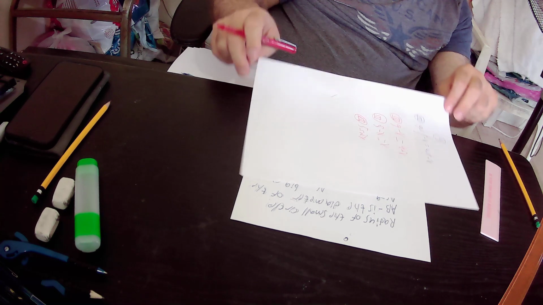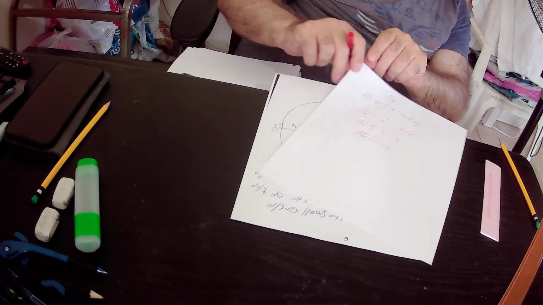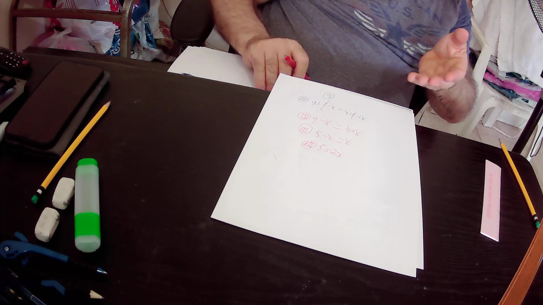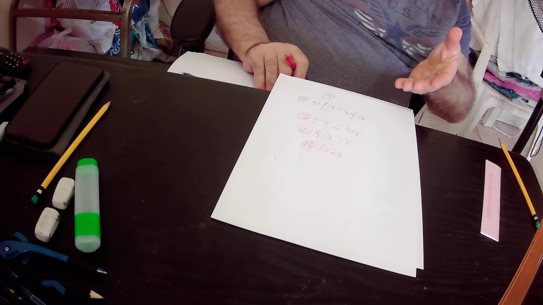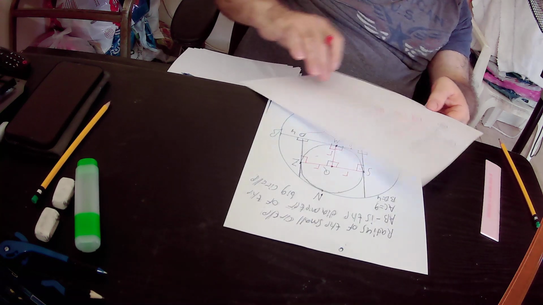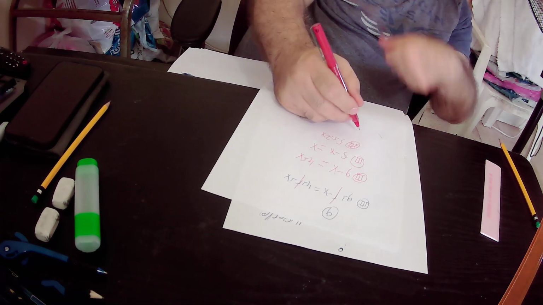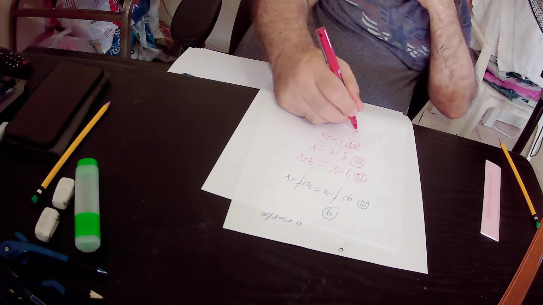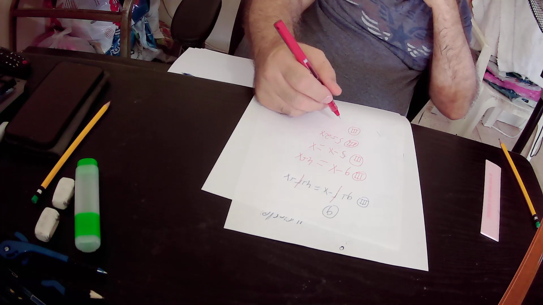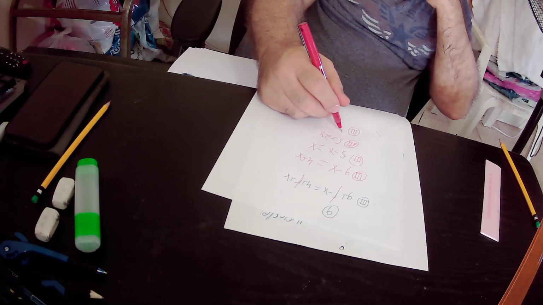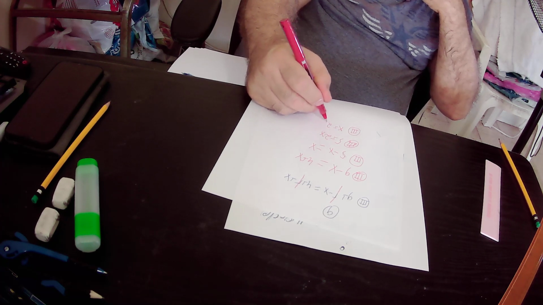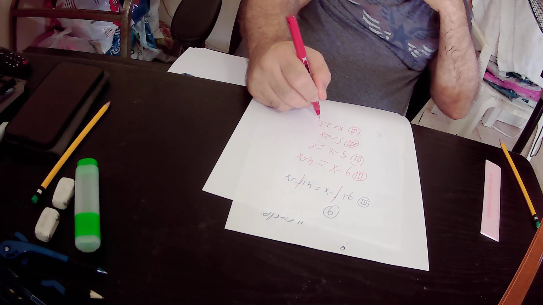Okay, we got that 5 equals 2x. We'll divide this equality by 2 in order to get the value of x. x equals 5 over 2, which is 2.5 units.